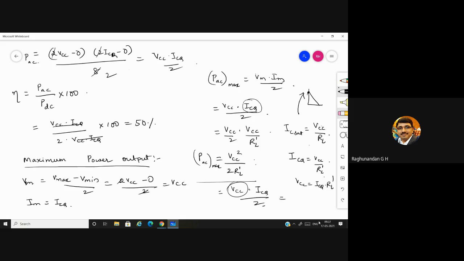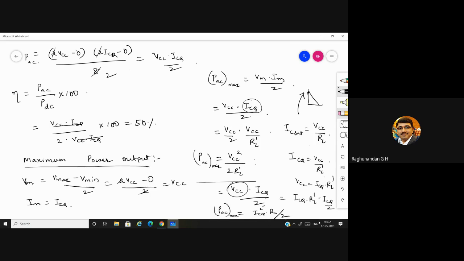Substituting that, ICQ into RL dash into ICQ by 2 is equal to ICQ square into RL dash divided by 2. This is PAC max. This is useful while solving problems, so we are going to use this.